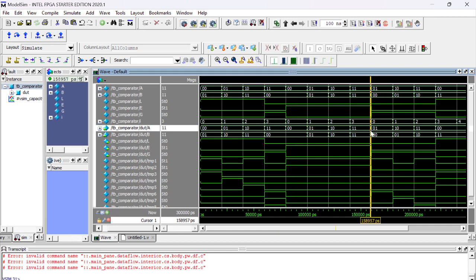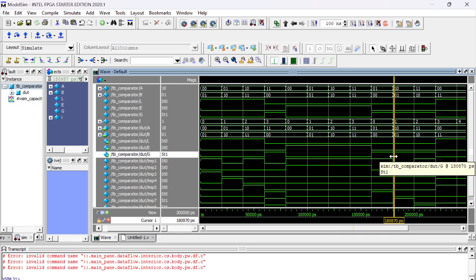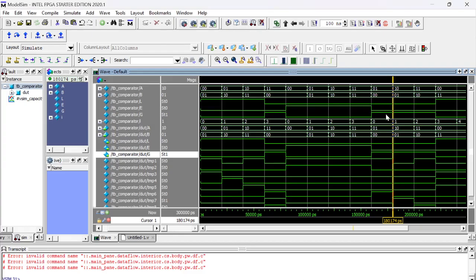Till here A equal to I, B equal to I. From here 160, so somewhere at this point 160 till 180, it is 1, 2. 160 to 180, it is 1.